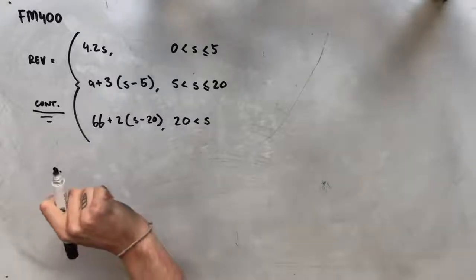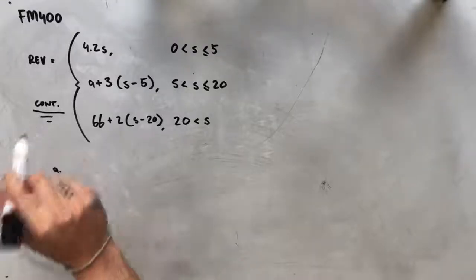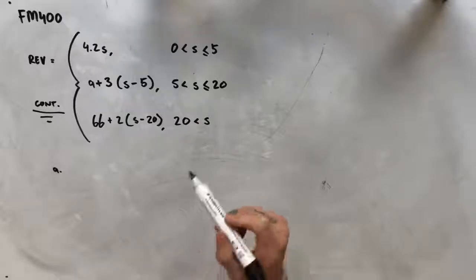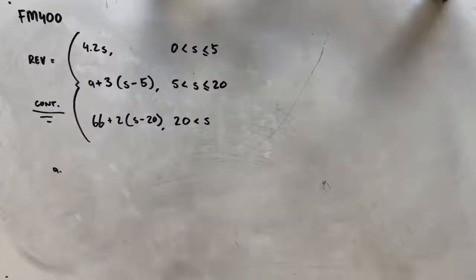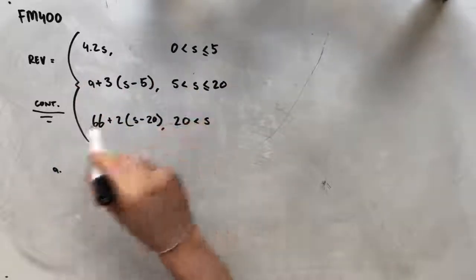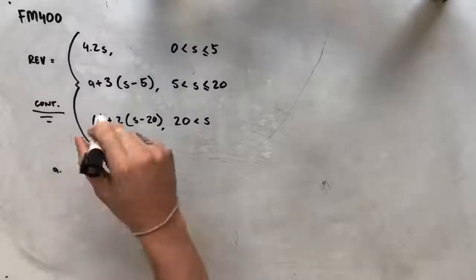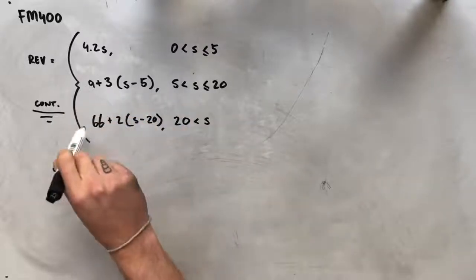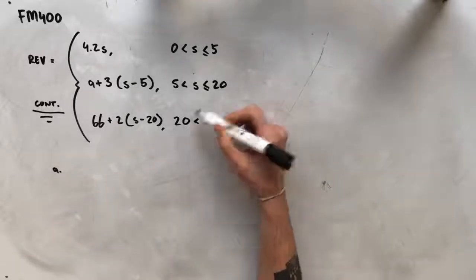So part A wants us to show that A has a value of 21 in the revenue equation above. This is where it's important to remember this continuous section. In order to find the value of A, we need to use the points where these equations come together. I'm going to take the point where this equation is likely to run into this equation, which is at 20 succulents.